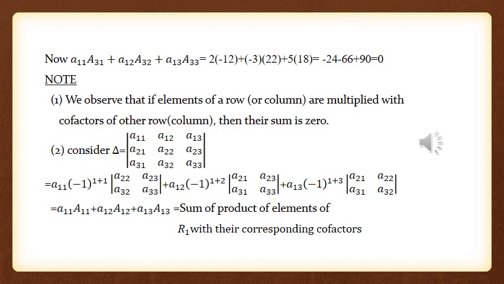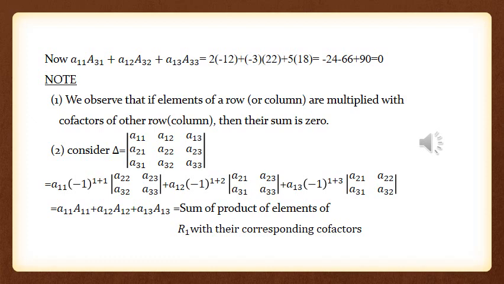The small letters a11, a12, a13 are the first row elements. These first row elements are multiplied by cofactors of third row elements. Correct? Then we added. Then the answer is 0.